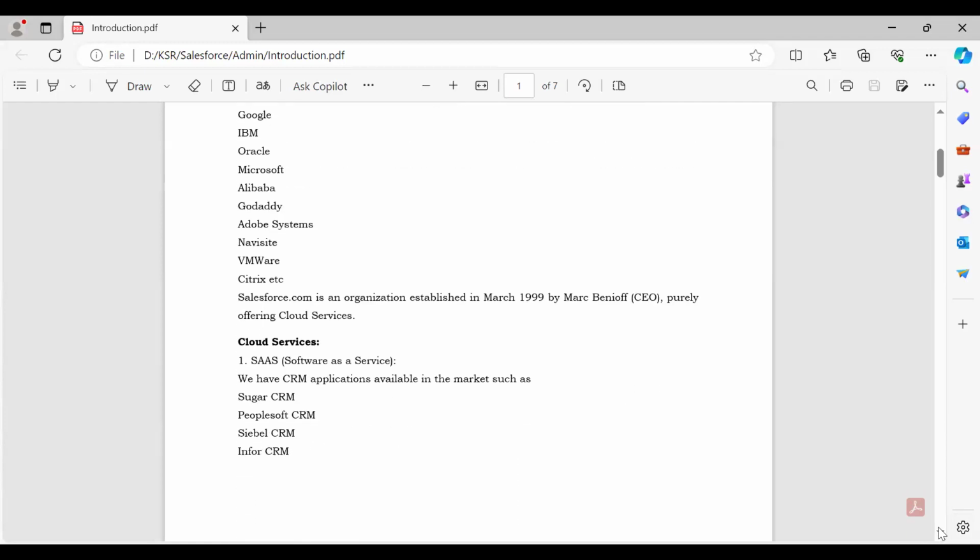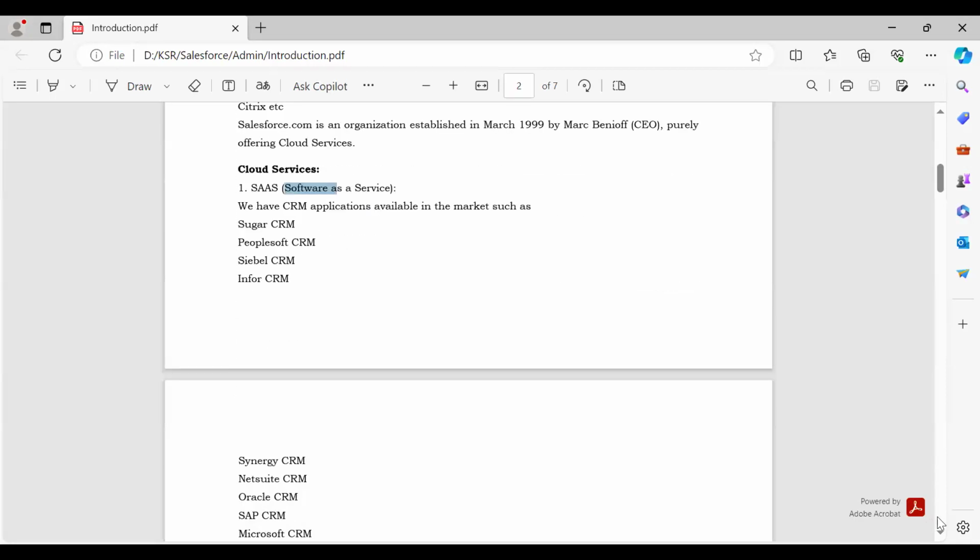Now, what are the various cloud services or various cloud computing models we have? First, let us discuss that before we go into the actual content. So now let me explain what are the various cloud computing models we have in the IT industry. We have 3 cloud computing models. Is anyone aware? What are the various cloud computing models we have? First one is software as a service, in short, we call it SaaS.